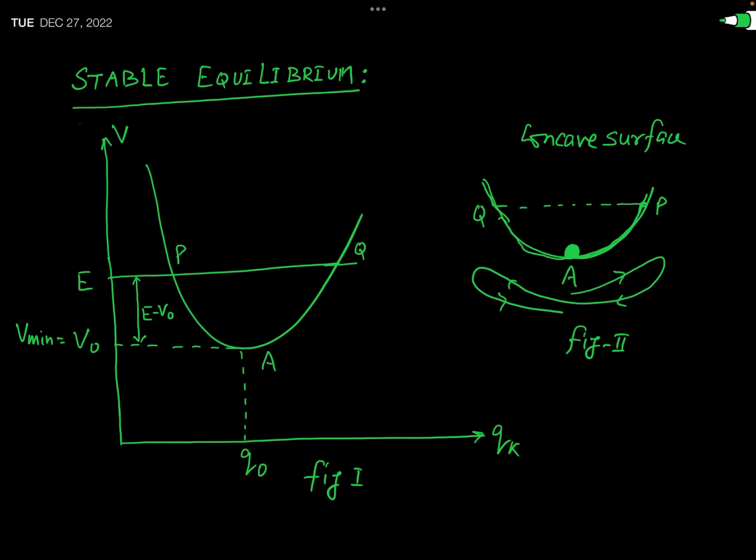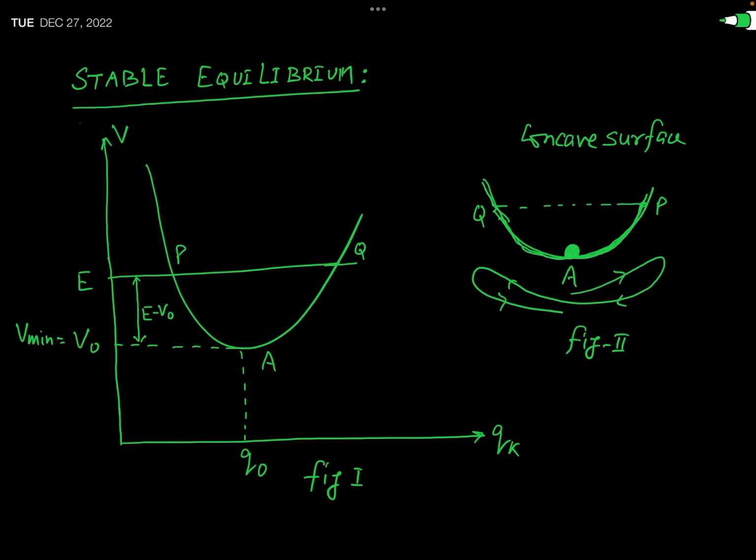You can say actually this particle will come back and reach this point A. But as you know, the particle has mass, so due to inertia it will shoot out in another direction and reach the point Q. And when it moves from A to Q, its velocity will decrease, and on reaching this point Q, its velocity will be again 0, and then it will again come back to the position A.